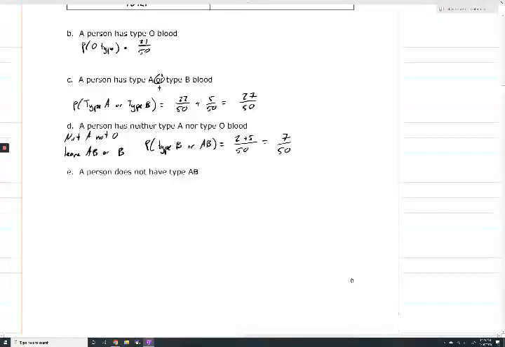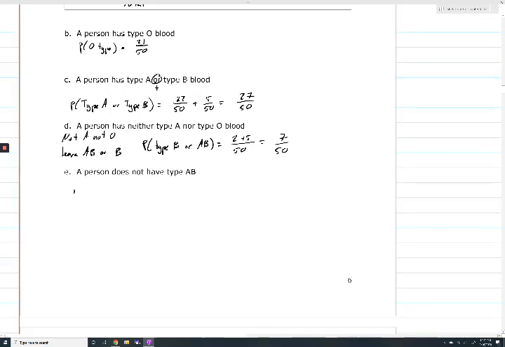And then the last problem, a person does not have type AB. So, not AB means everything else. So, if we have a total of 50 people and 2 of them have AB, that means 48 of them don't have AB.